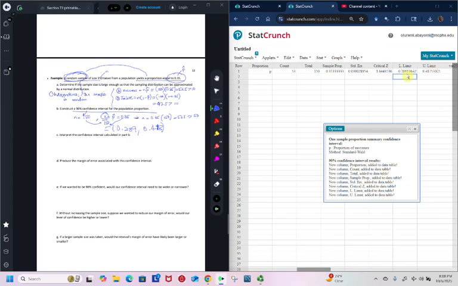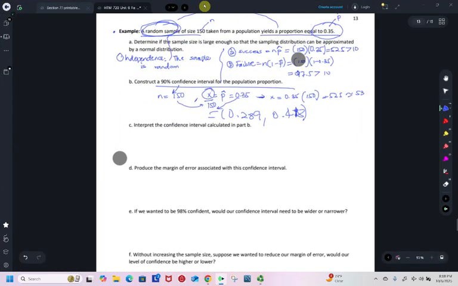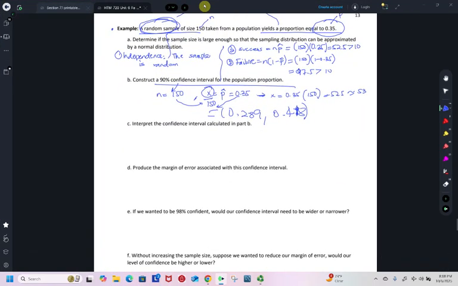And we are required next to interpret the confidence interval.